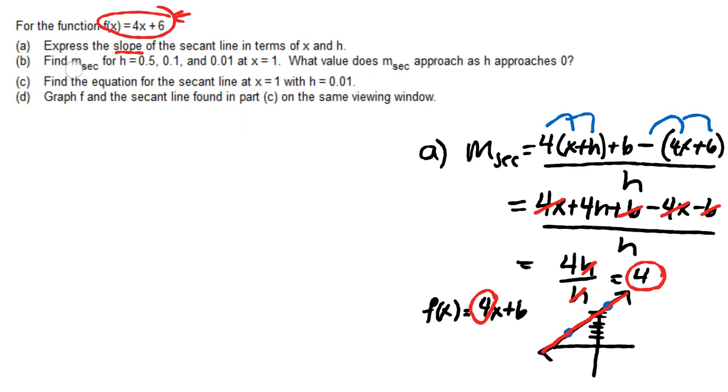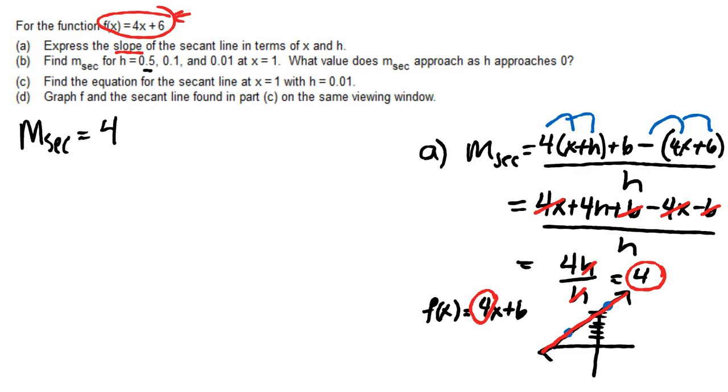For part B, it says find the slope of the secant line for h equals 0.5, 0.1, 0.01 at x equals 1. So this is a unique problem because our slope of the secant line that we found is a constant 4.